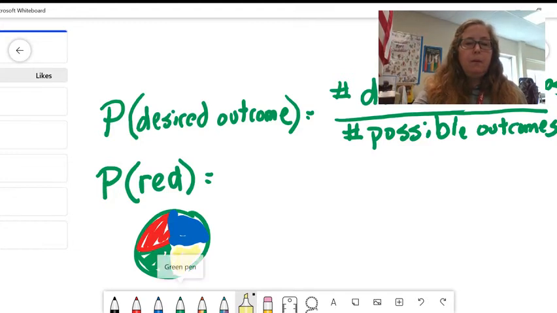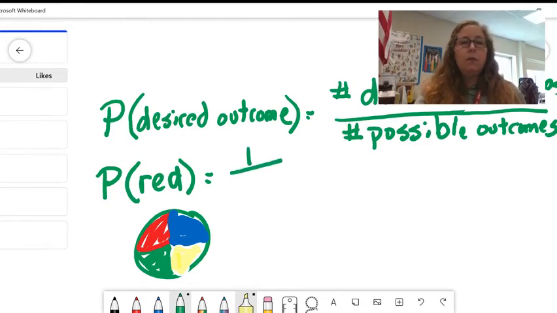The probability that I would spin it red, well, of those four choices, one of those four choices is the desired one, red, and I have four possible outcomes. So the probability of spinning a red would be 1/4.